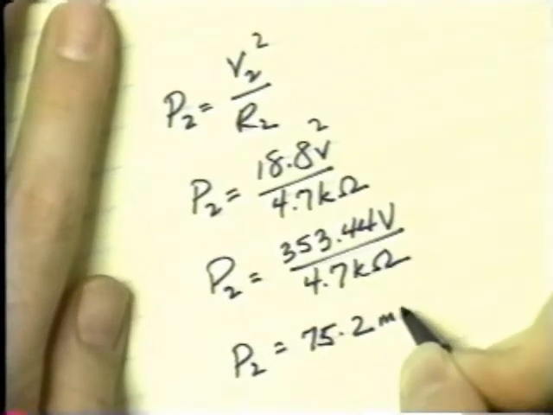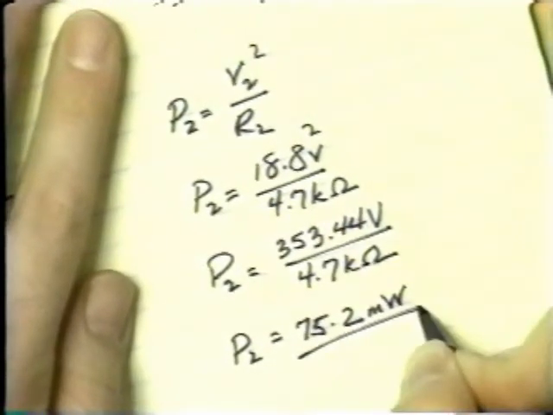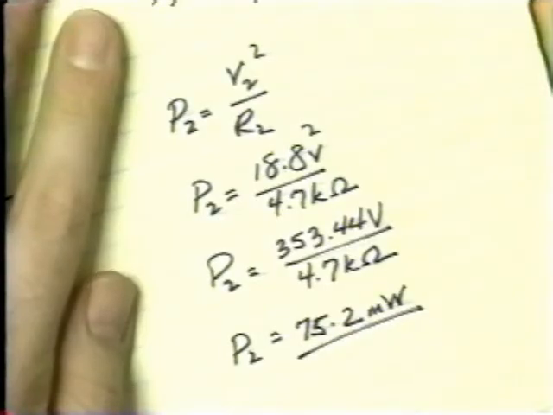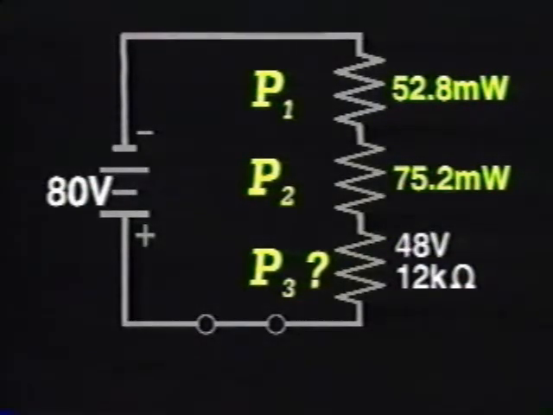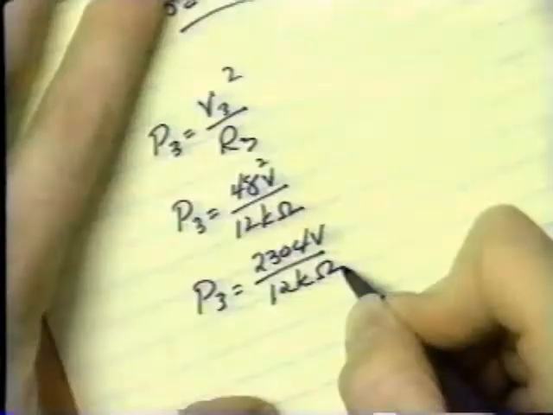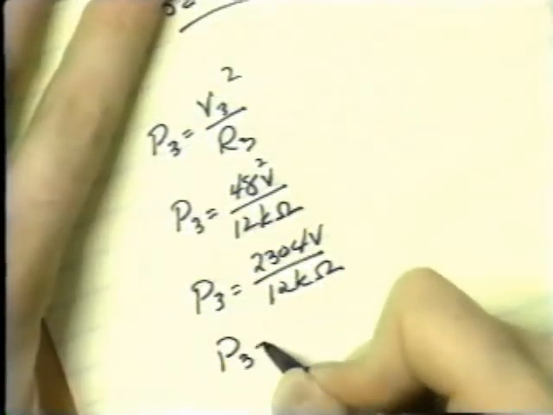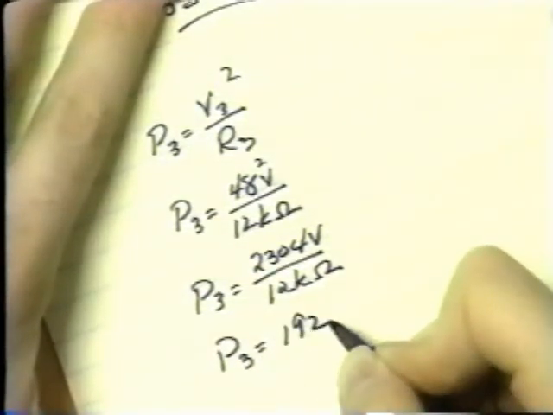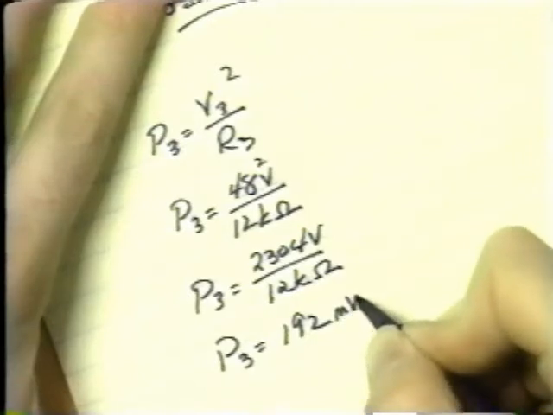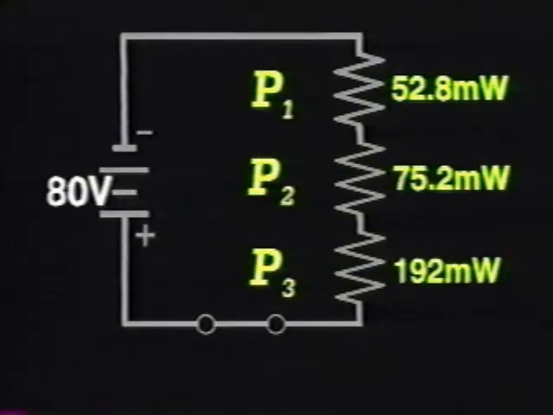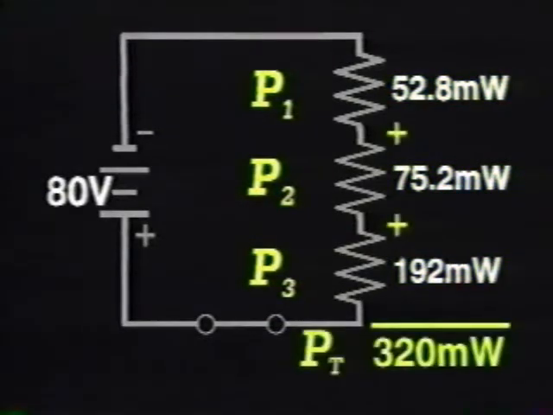This divided by R2 yields 75.2 milliwatts. P3 equals 48 volts squared, or 2,304 volts divided by 12 kiloohms. This equals 192 milliwatts. Now you can calculate the total power: 320 milliwatts.